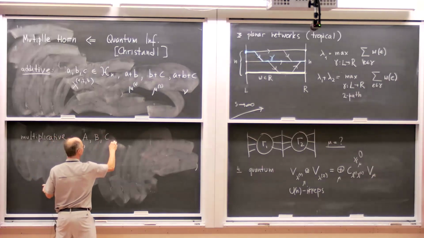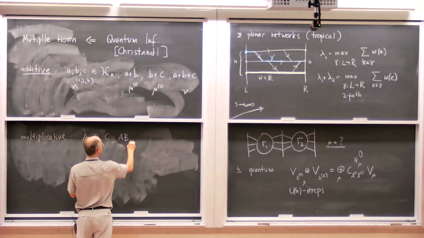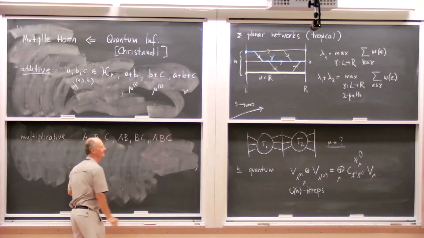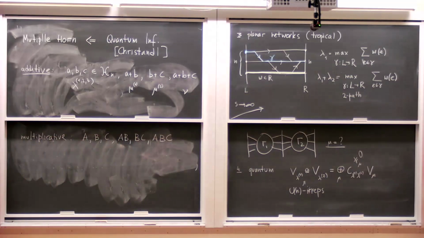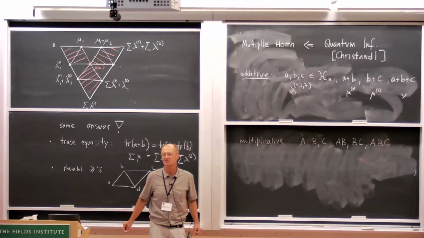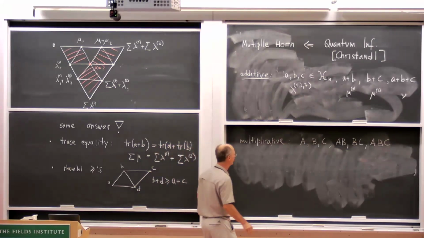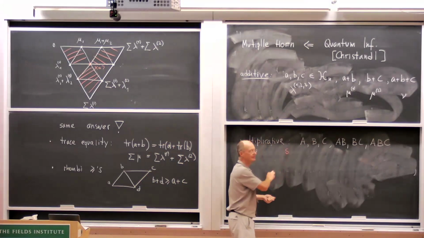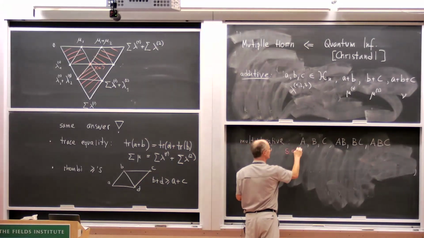All right, so of course now you have A, B, C, A B, B C, and A B C. And well, we had a parameter, so there will be a parameter S that you can add.